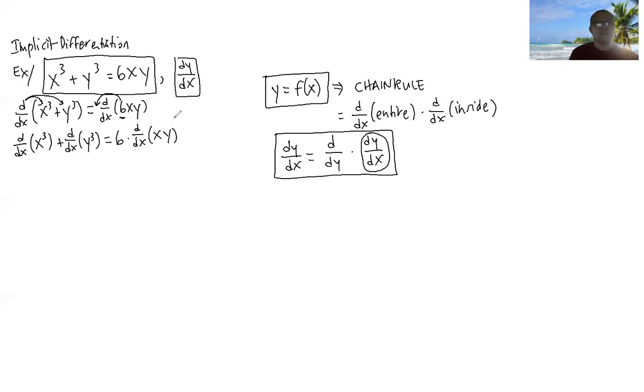Which means that this derivative right here looks a lot like this, right? Some function f of x multiplied by some function g of x. When you see this, what rule are you supposed to use? If you said product rule, then you're right.